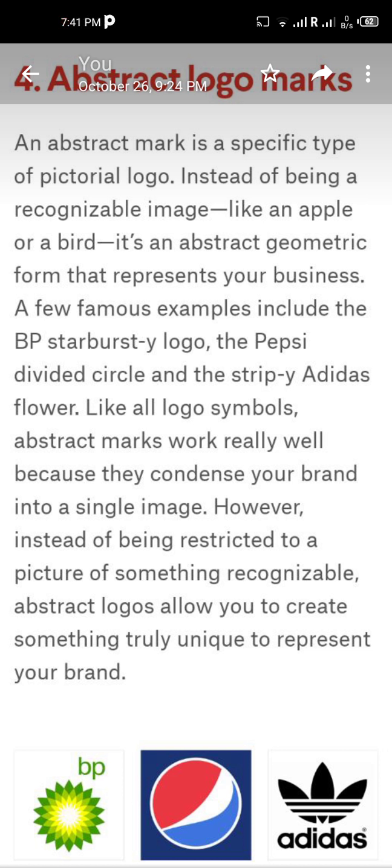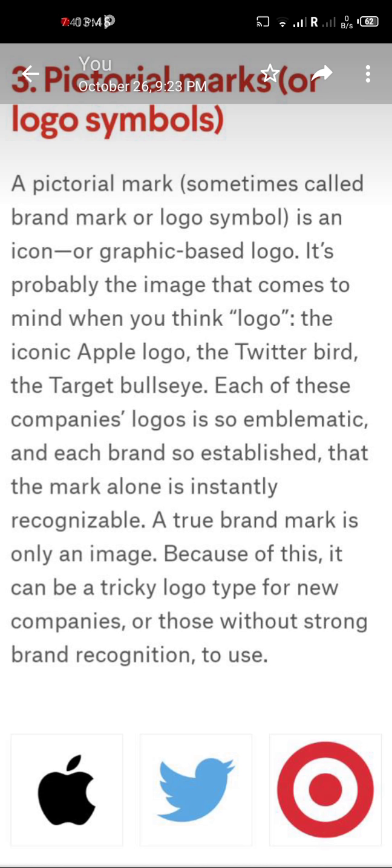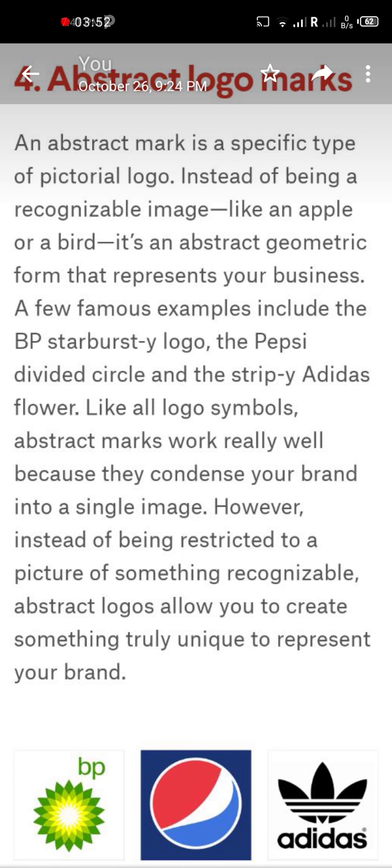For example, if a company named Dolphin says, okay, make a logo for me, you cannot just come and draw a circle and put a square inside and put a rectangle inside the square and then call it a pictorial logo. No, that's not a pictorial logo. That's an abstract logo, since whatever you drew there doesn't really have a meaning when comparing it to real life.